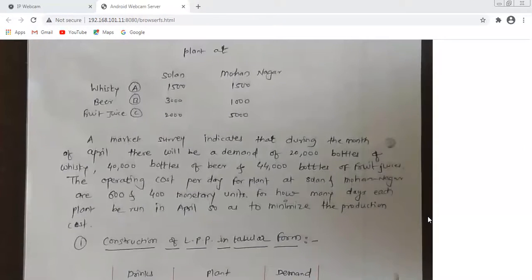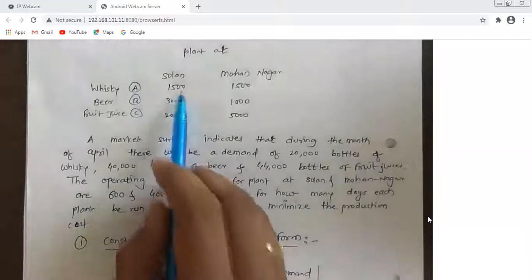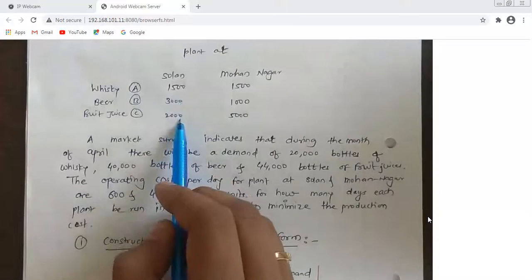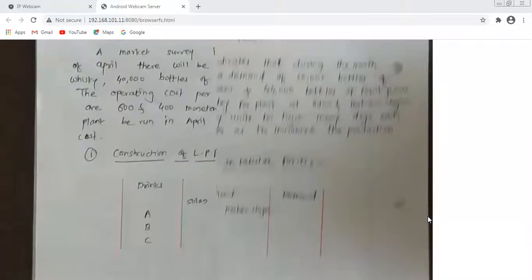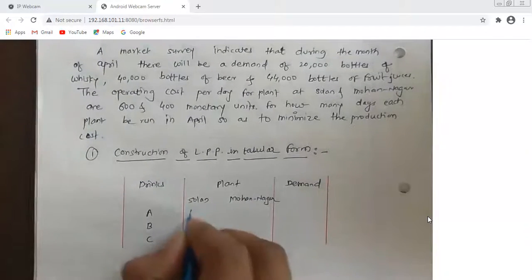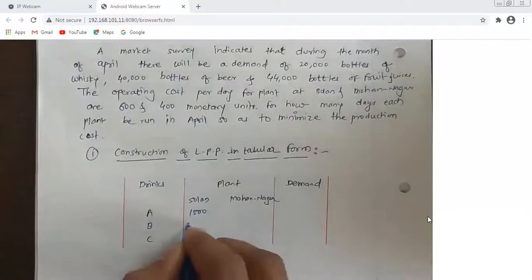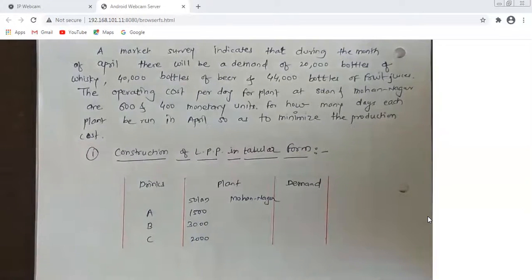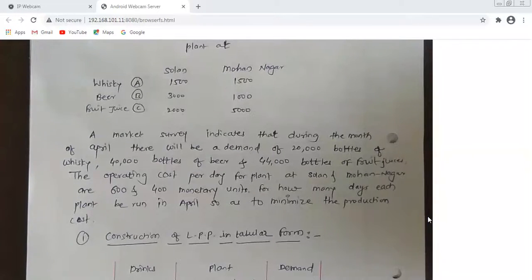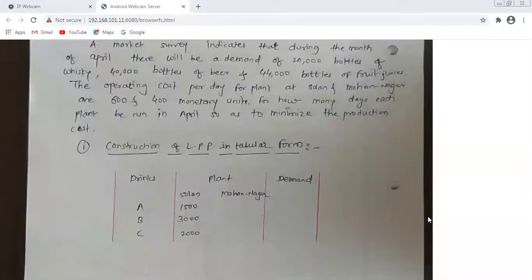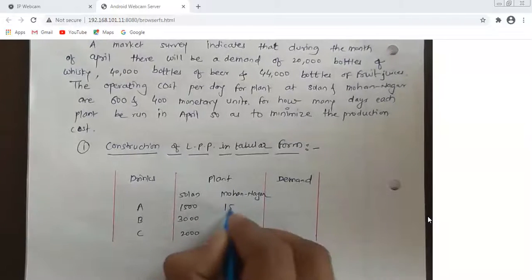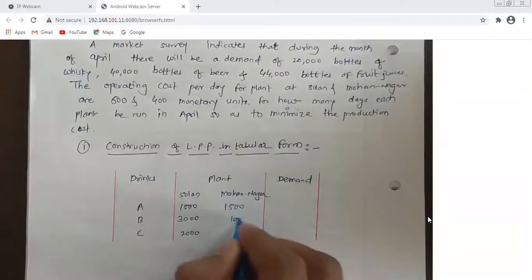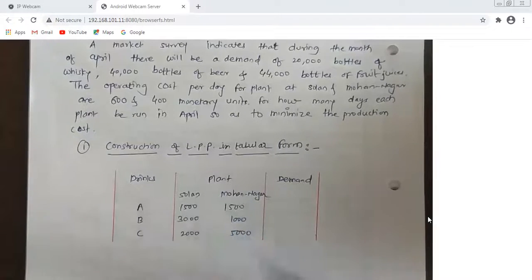At Solan, they have given 1,500, 3,000 and 2,000 per day. So I will write here 1,500, 3,000 and 2,000. Similarly, they have given the production per day at Mohan Nagar, that is 1,500, 1,000 and 5,000. So I will write down as it is, 1,500, 1,000 and 5,000.